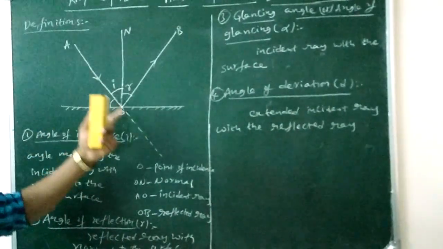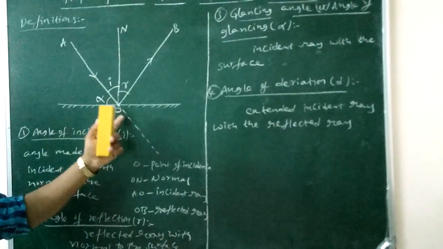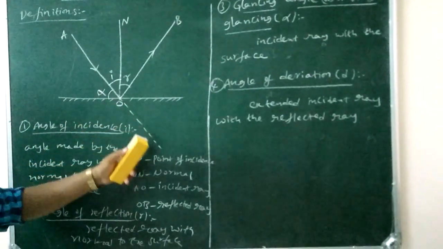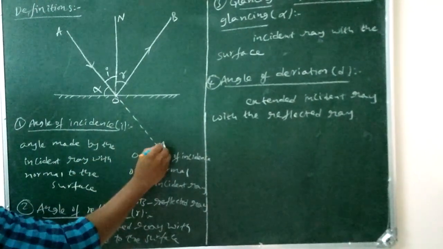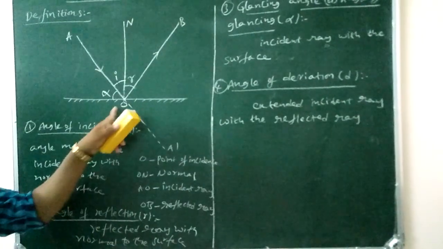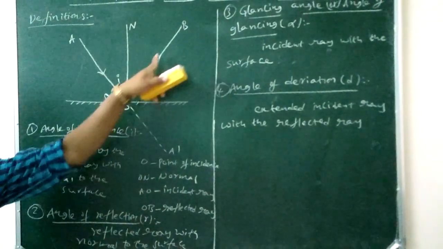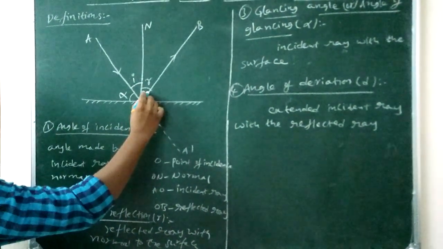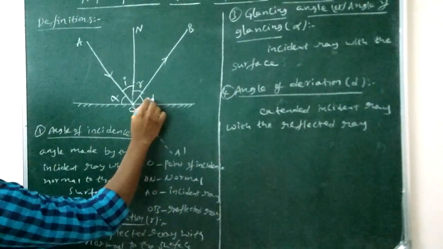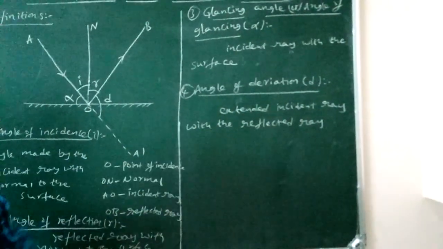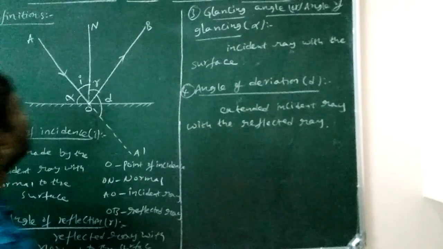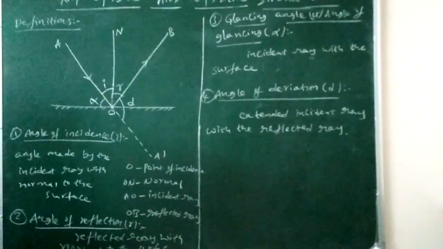AO is called the incident ray and we have to extend this light ray to OA dash. OA dash is called the extended incident ray. OB is called the reflected ray. Therefore, the angle between OA dash and OB is called the angle of deviation. Okay, these are the four basic definitions we learned so far.